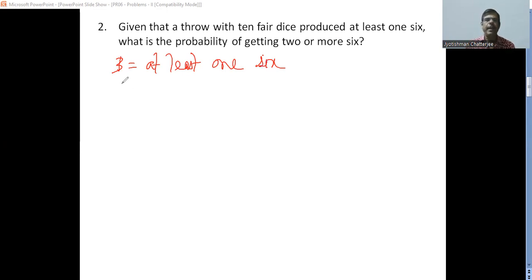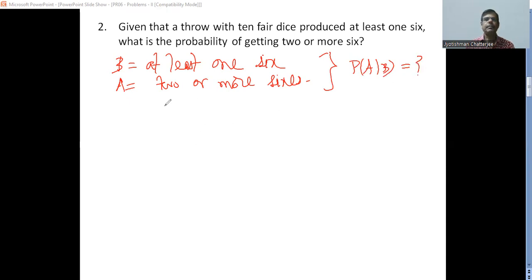And event A is 2 or more 6s. And we need to compute probability of A given B. As such, these events look a little complicated.